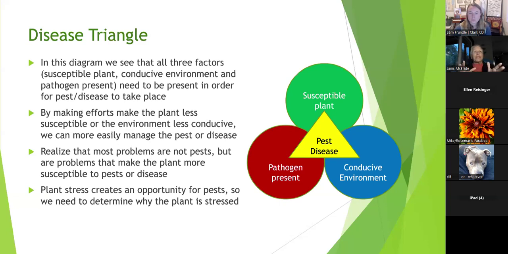By making efforts to make the plant less susceptible or the environment less conducive, we can more easily manage the pest or the disease. So if we manage the susceptibility of the plant or the environment, we can then manage the disease. We do need to realize that most problems are not pests, but are problems that make the plant more susceptible to the pest or the disease. This creates that opportunity for the pest. So we need to determine, why is this plant stressed in the first place?